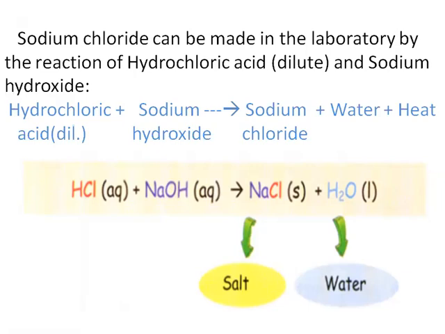The word equation can be converted to formula equation by taking up the formula of reactant and product entities. HCl plus NaOH gives NaCl plus H2O. The release of heat indicates the reaction as exothermic change.